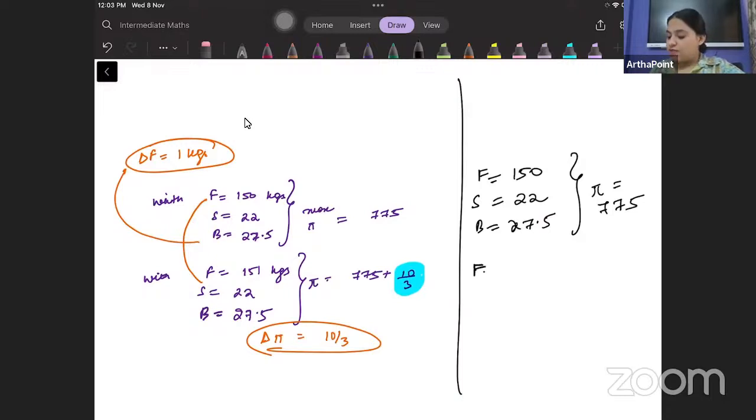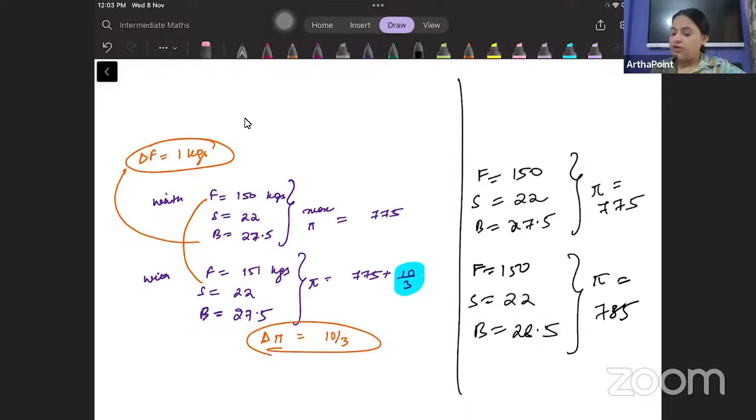Now, when my flour is 150, sugar is 22, but butter is 28.5, when I increase butter by 1 unit, then my new profit is 785. So my profits change by 10.